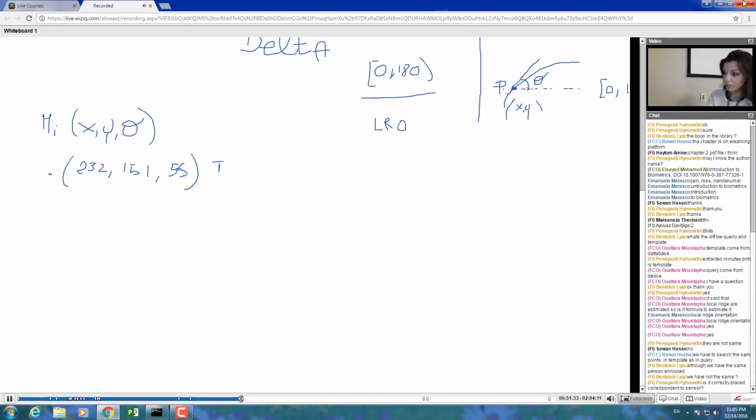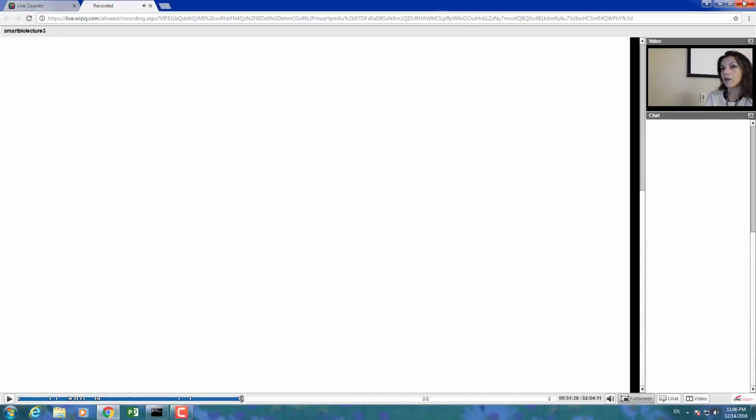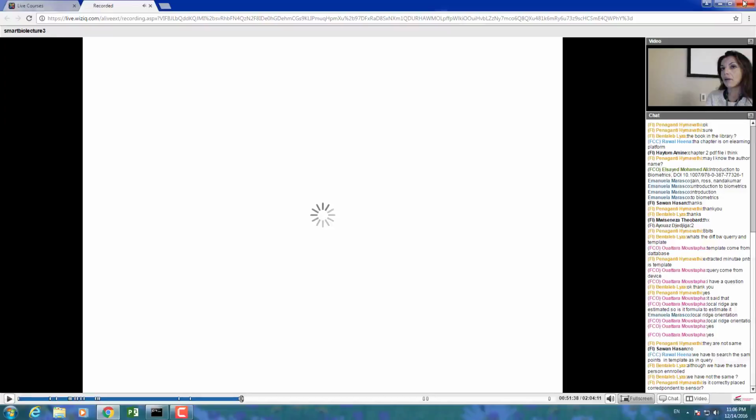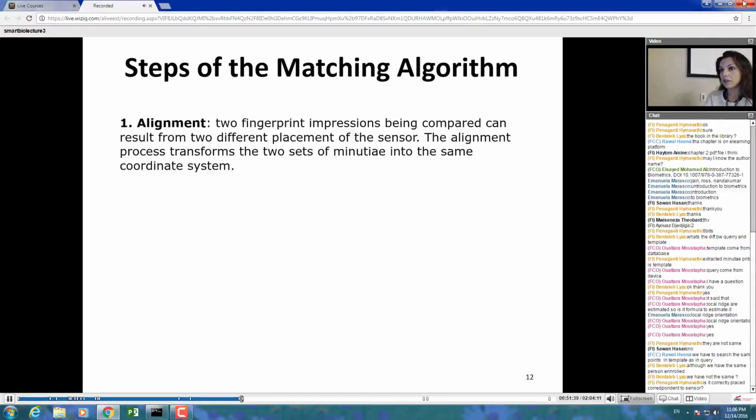So we always have a difference between the placement of the finger on the sensor. Hima, could you please repeat this question, reformulate it? So is it correctly placed corresponding to the sensor?